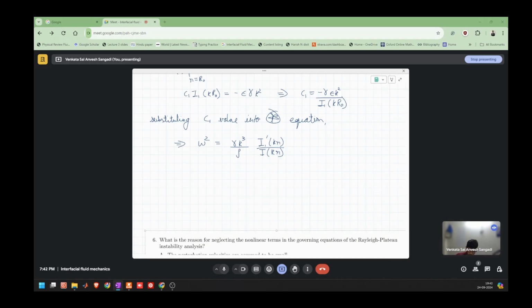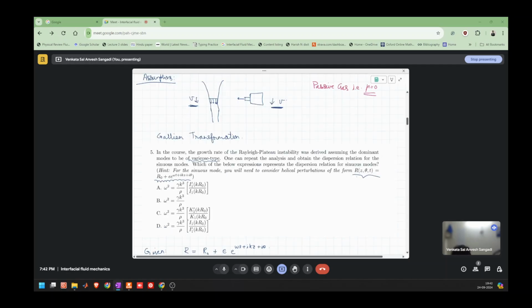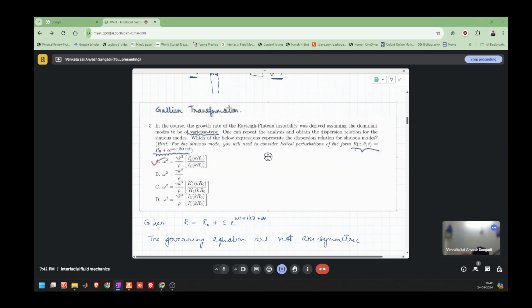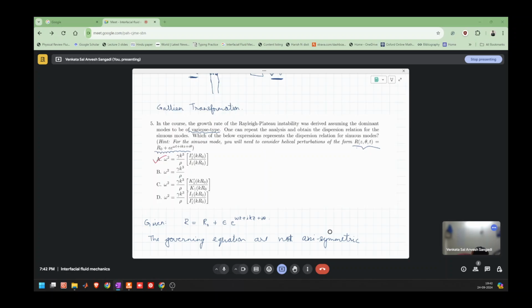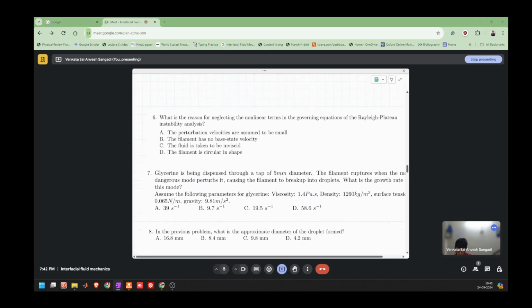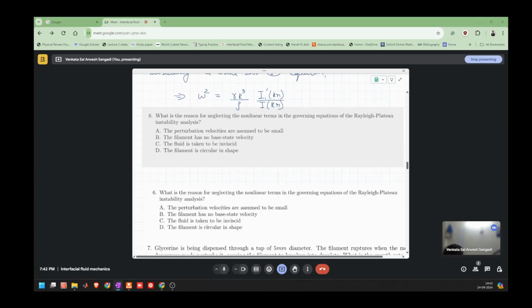Therefore, after the long analysis, we find that the correct option is A. Now moving to the next question.